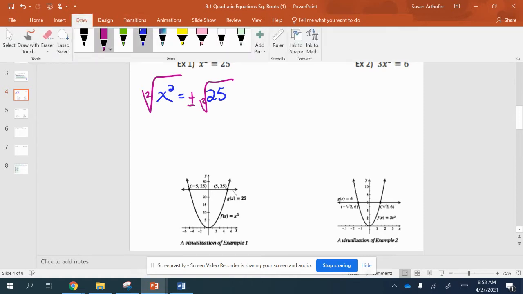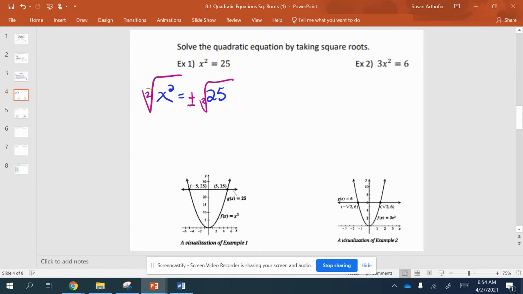Now, what does that do? Why is that? Well, this square root symbol eradicates or gets rid of the squared term, because what is the square root of x squared? Just x. The square root of x squared is just x because it takes a pair to get out.